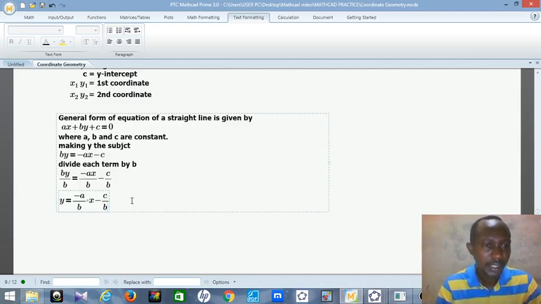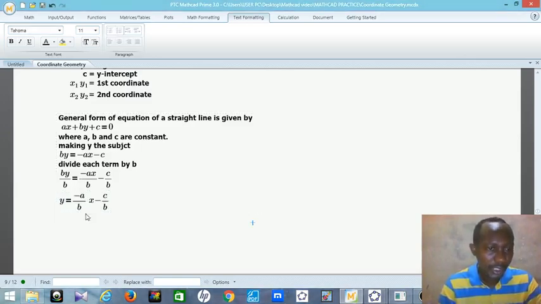So you can see it. If you leave your equation in this form, you can see that the general form of equation of a straight line can also be represented in this form. All you just need to do here is to make y the subject.